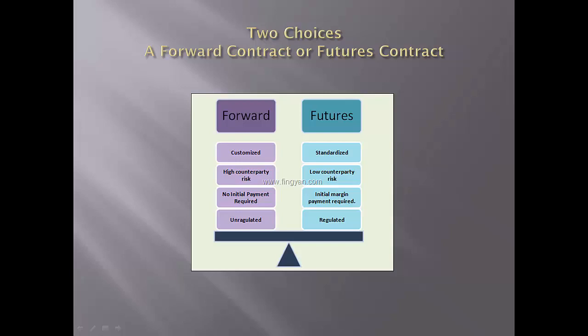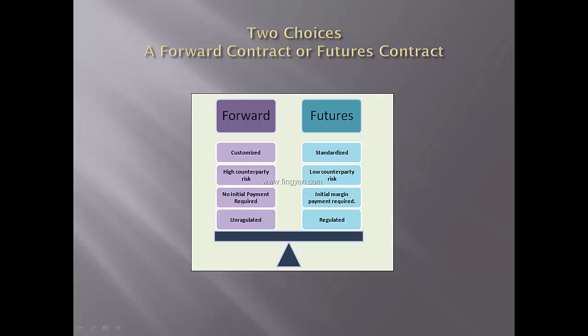Also with a forward contract, what you have is a somewhat high counterparty risk. And that risk is associated with one, the supplier perhaps not being able to provide the guaranteed or the specific amount of the commodity as per the contract, or you may have the buyer who may not be able to fulfill their agreement on the payment.